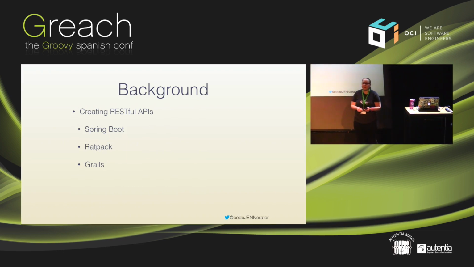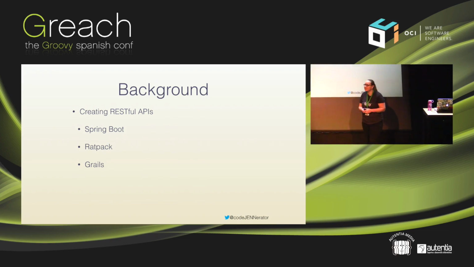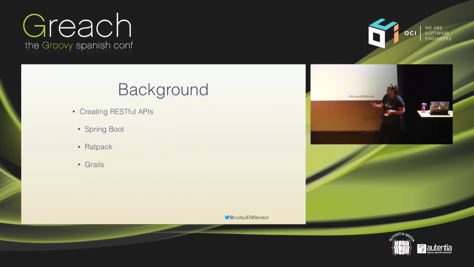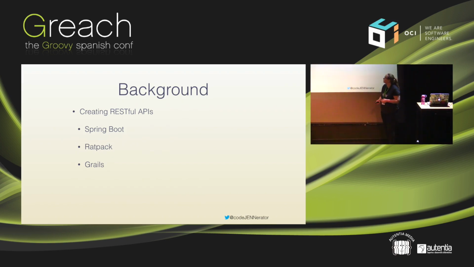Who is familiar with Ratpack? Six. More than my previous talks. And I imagine that most of you have used Grails? Okay, almost the entire room now. So these are three different frameworks that we can relate to in creating RESTful APIs in the Groovy community. And some of the examples that I'm going to go through use aspects of each of these.